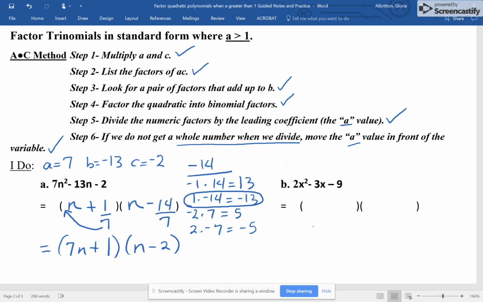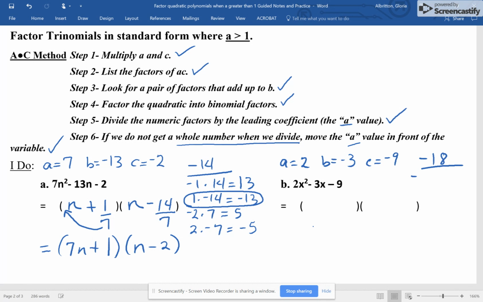Let's go to B. Identify a, which is 2, b is negative 3, c is negative 9. So the first step is to multiply a times c. That'll be negative 18. And then we need to list those factors.